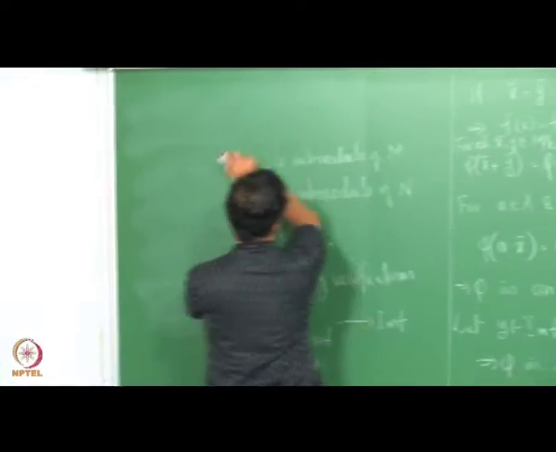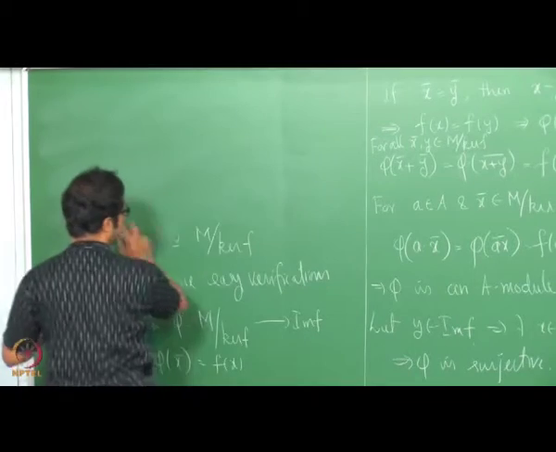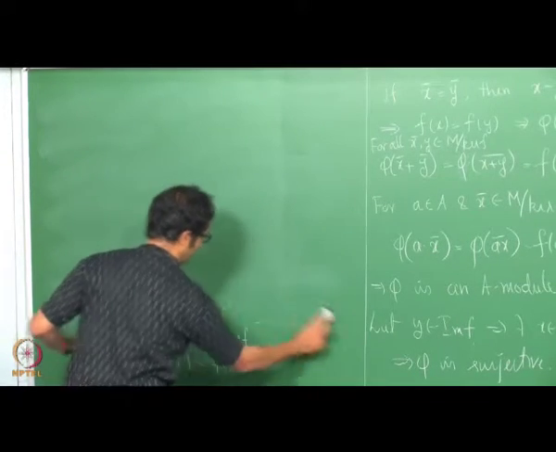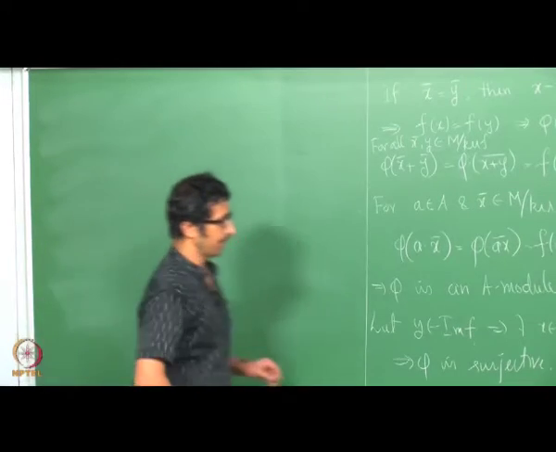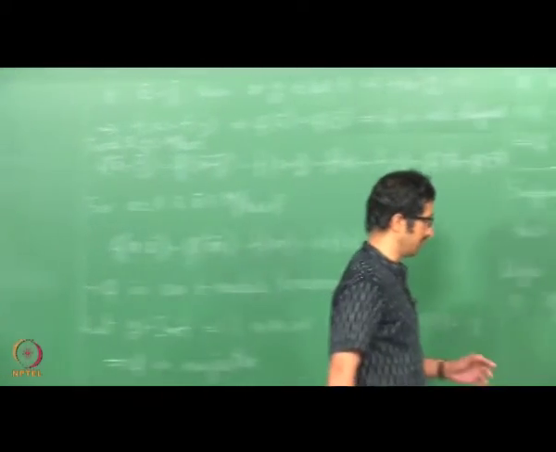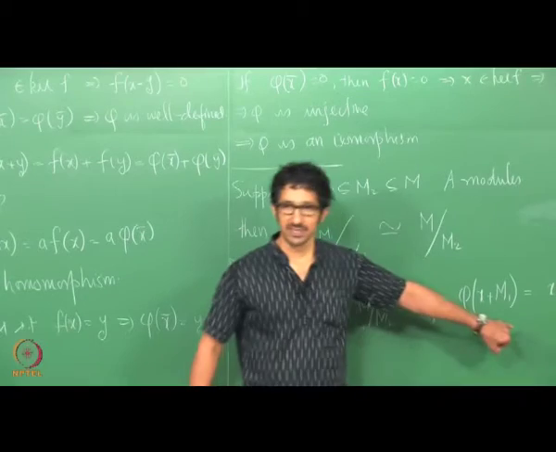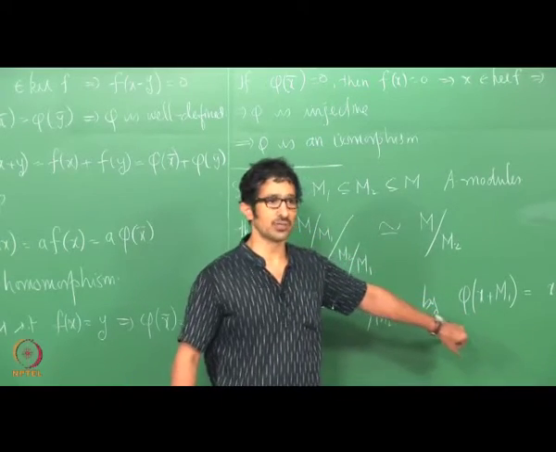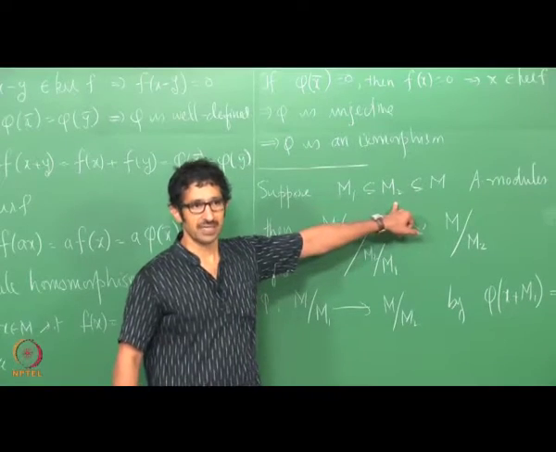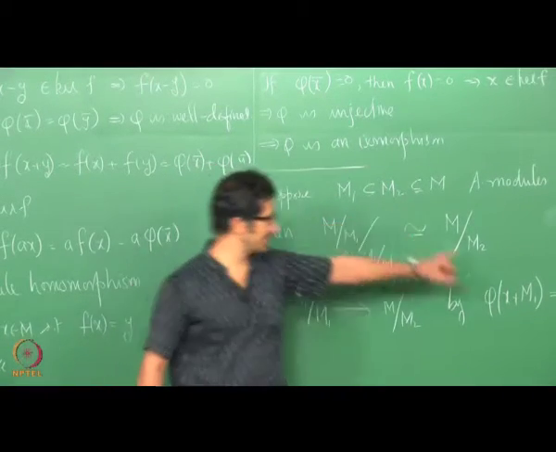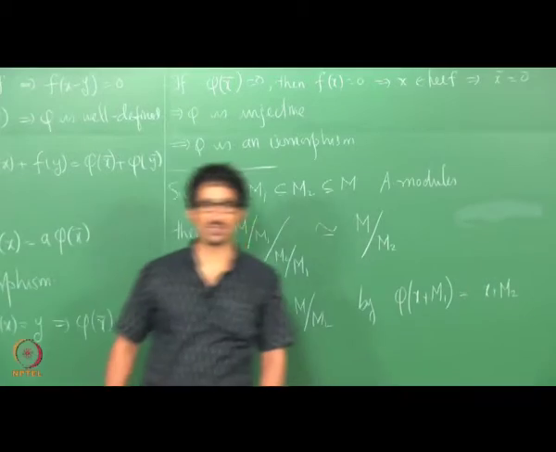If I have two different representatives for, let us say, x plus M1, that means x plus M1 is equal to y plus M1, which is the same as saying x minus y belongs to M1, but M1 is contained in M2. Therefore, x minus y belongs to M2, and hence x plus M2 is the same as y plus M2.